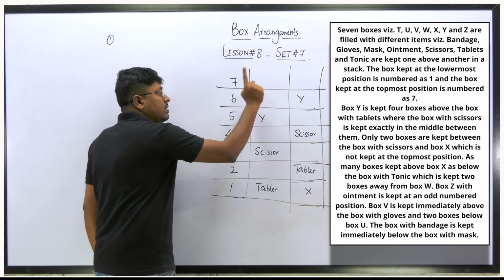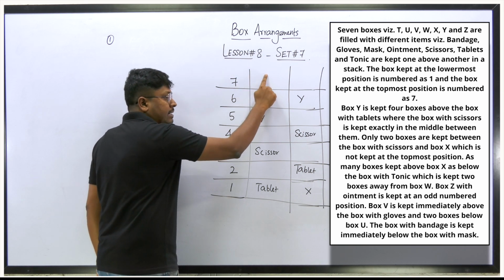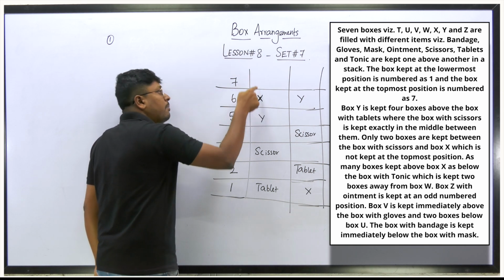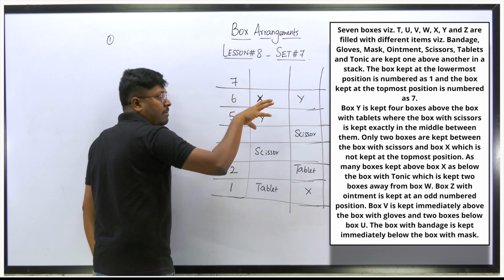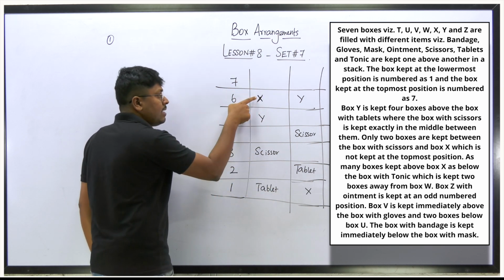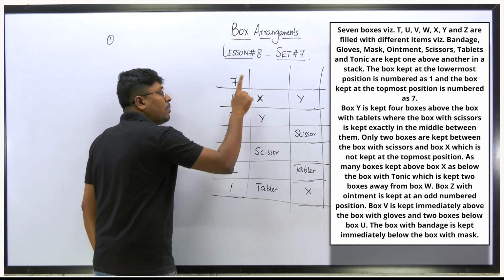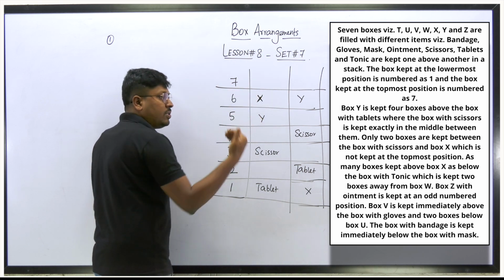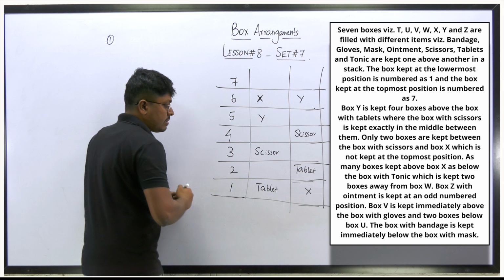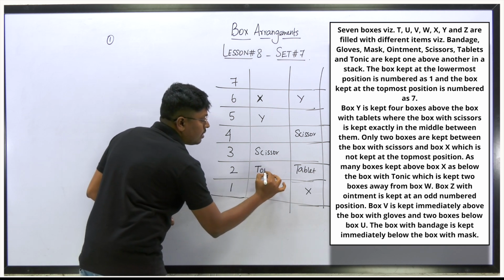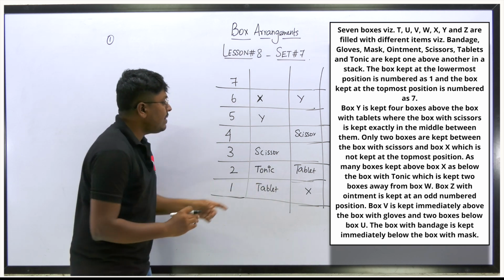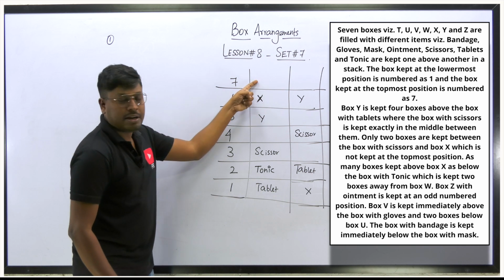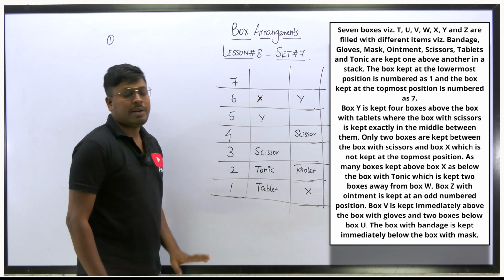Only one box. So according to the statement, as many boxes above box X should be the same as below tonic. So here above box X there is only one box, so below tonic also there should be only one box. So I should put tonic here. Only then can we say that above X only one box, below tonic only one box.